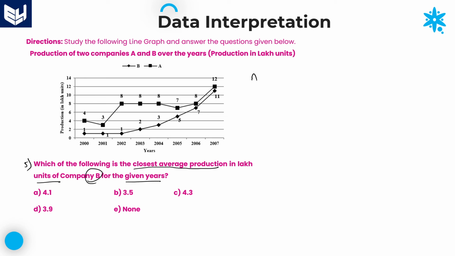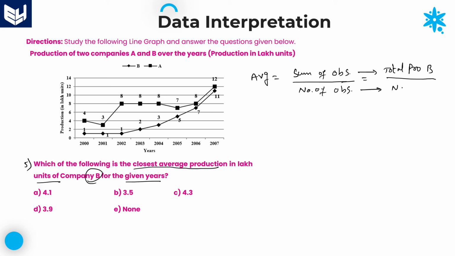As we all know, average is equal to the sum of observations divided by the number of observations. Here the sum of observations is the total production of company B over all the years together, divided by the number of years.